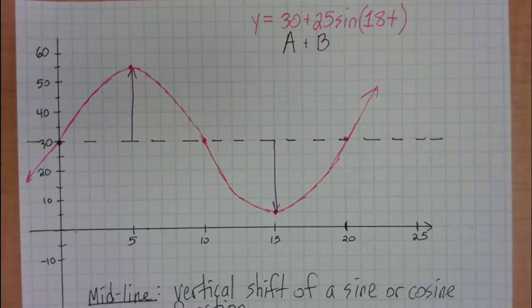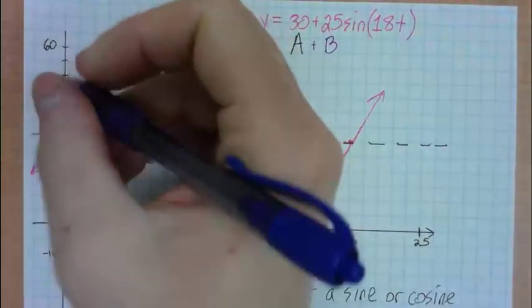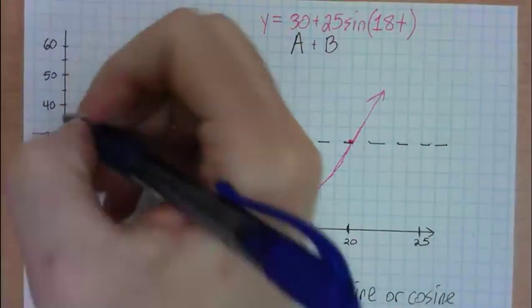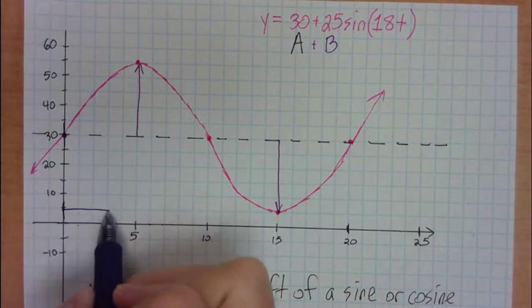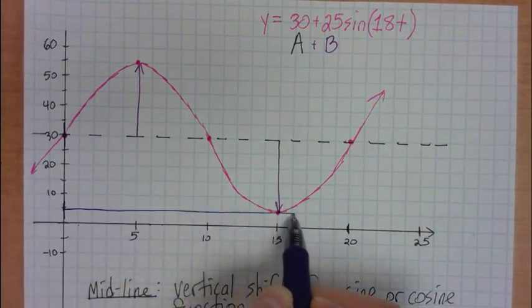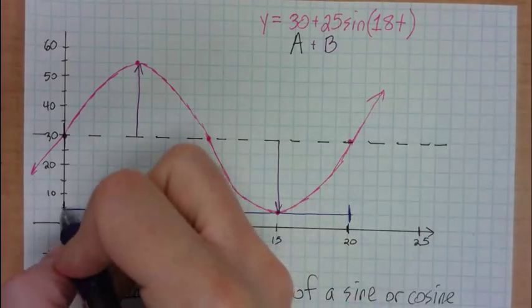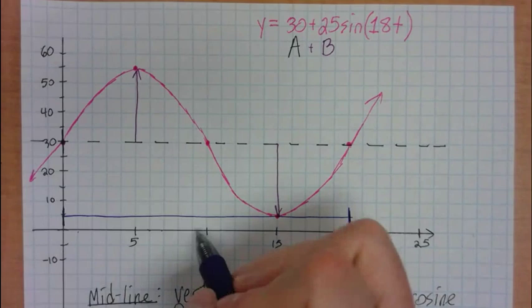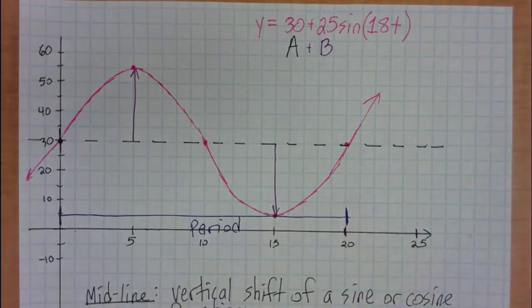Looking at the graph itself, one cycle is known as the period of a sine function or cosine function. It's starting right here, so this is the period, one cycle for sine.